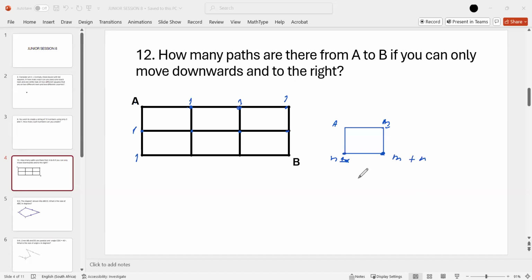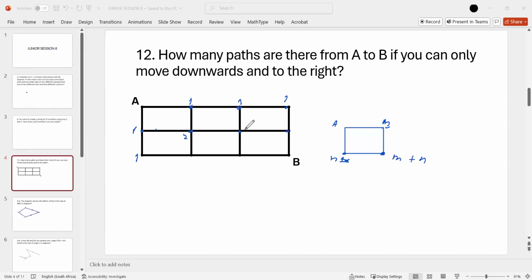So altogether, it's m plus n. To illustrate, for instance, here you've got 1 and you've got 1. 1 plus 1 is 2. Now, what I'm saying is that there are two ways of getting to this point here. And you can see what the two ways are. That, and that. Those are the two ways.